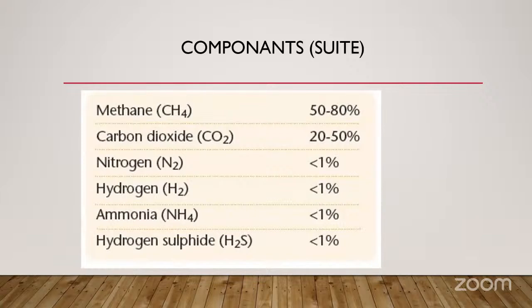We have nitrogen less than 1%. We have hydrogen less than 1%. We have ammonia, which is also less than 1%. And finally, we can have some hydrogen sulfide, which is also less than 1%.